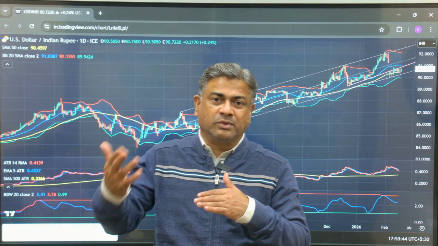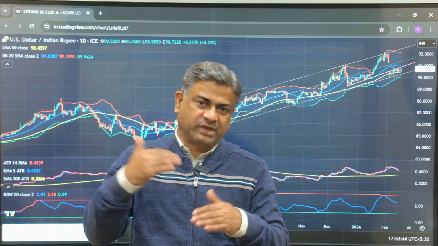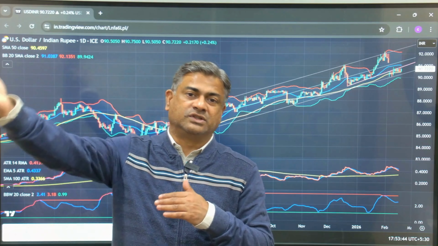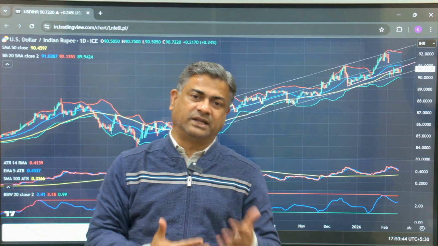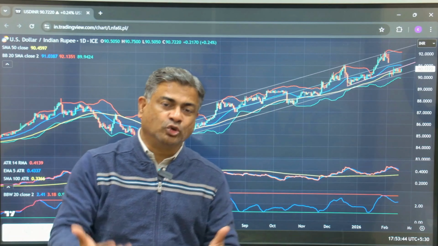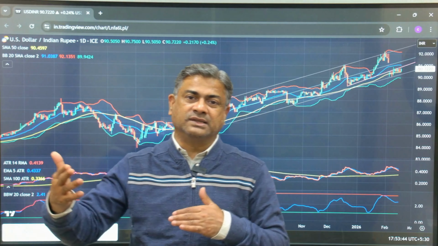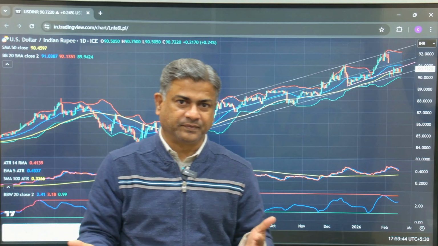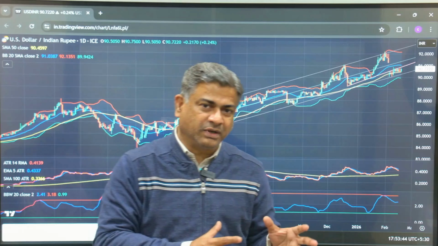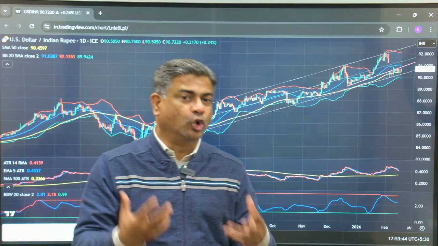A 3-month ATM option, where strike price is equal to the forward rate, which usually costs around 85 to 90 paisa, will be around 80 paisa now. A 2-month ATM option, which usually is 65 to 70 paisa, will be around 57-58 paisa. So vols have come down, and the option premiums are lower.